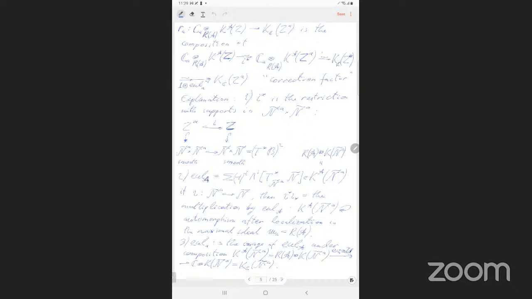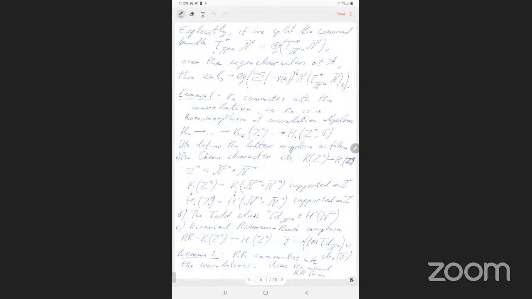Then we used this correction homomorphism to non-specialized K-theory of the fixed point set, and from the K-theory of the fixed point set, we went to Borel-Moore homology of the fixed point set, and there we are. That's what we wanted. So I declare the main theorem proved at this point, and now let's use it. Essentially, from now on, we'll just use it as a black box.